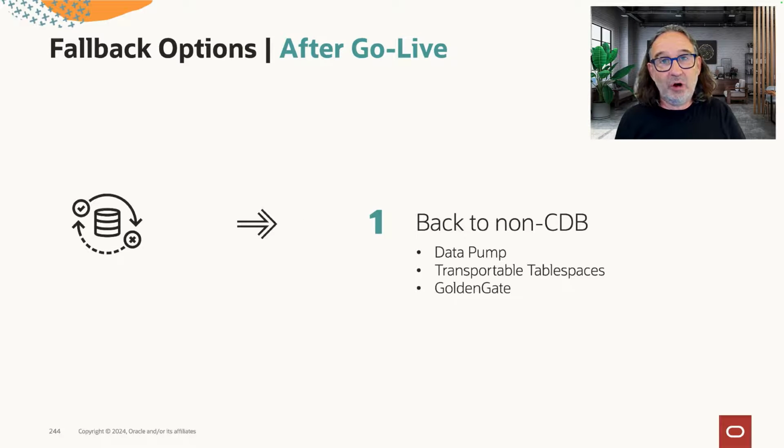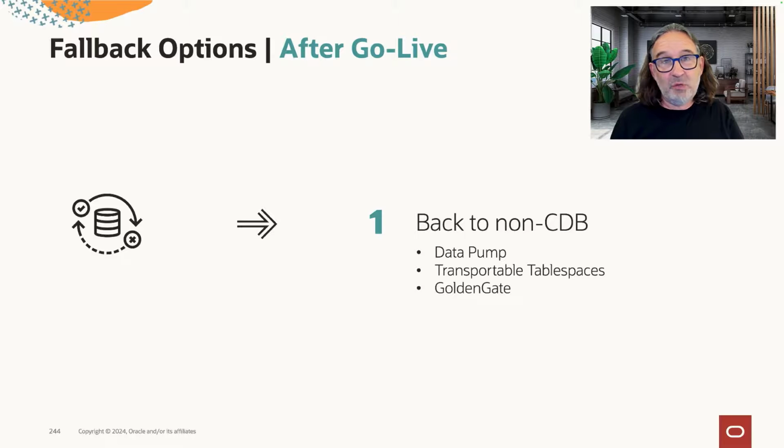Now, what are the fallback options? Fallback means we went live already. We went live on Monday morning, and on Tuesday afternoon, we decide we need to go back. This happens very, very rarely, but still we should be protected. So if you want to go back to a non-CDB environment, because you came from a non-CDB and went to the CDB architecture, then Data Pump is your friend.